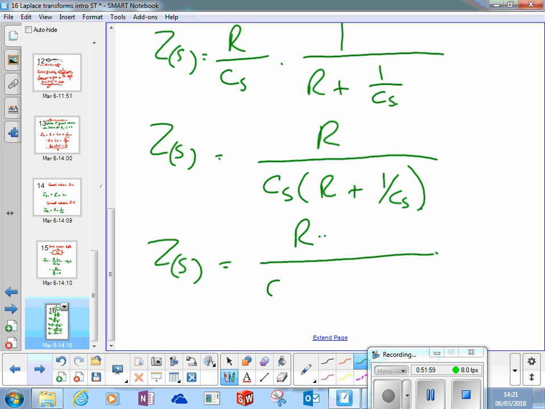R on top, CS times R plus 1. It's just about following the same algebraic manipulation as you did when you had the numbers there, but you've got no numbers, so you just do the letters, but do exactly the same process. Alright?